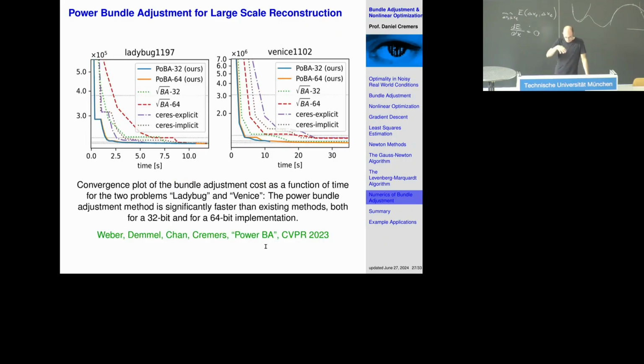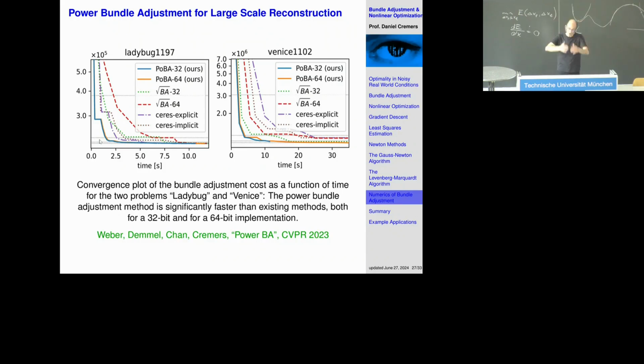And we actually did evaluations in last year's publication. Here, for example, are 2 well-known bundle adjustment problems from a data set called BAL. The BAL data set is called Bundle Adjustment in the Large. It's a popular data set of bundle adjustment problems. And what we plotted here is the runtime and the loss, the bundle adjustment loss function.